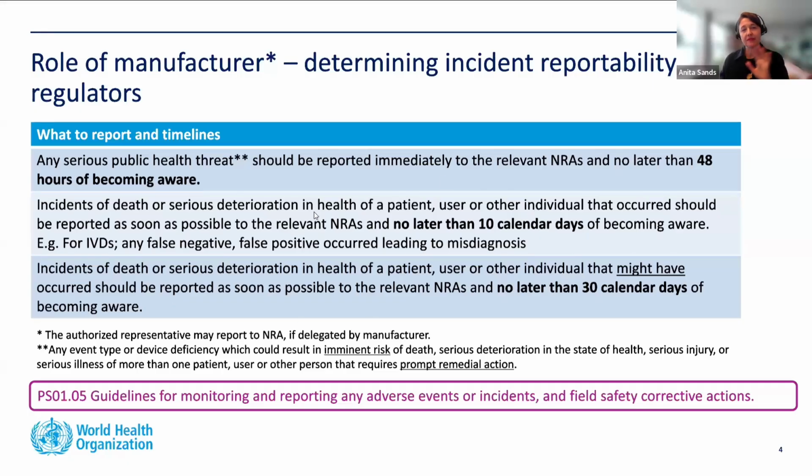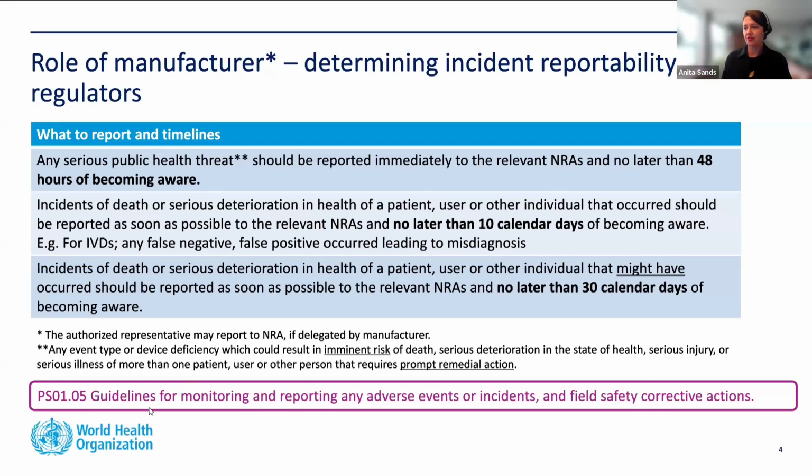These timelines align fairly well with the European timelines in the EU. For the US FDA, they have a 30-day report for everything. So we're probably a bit, I wouldn't say stricter. Our timelines are a bit shorter than the US FDA, but are the same as the European Union. And for the most part, most countries align themselves behind the EU.